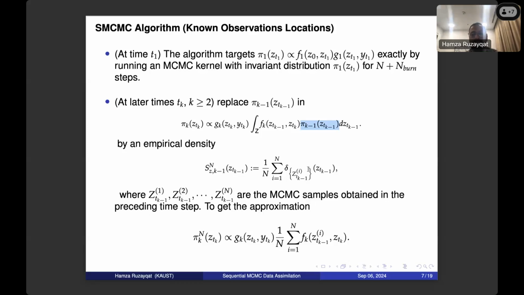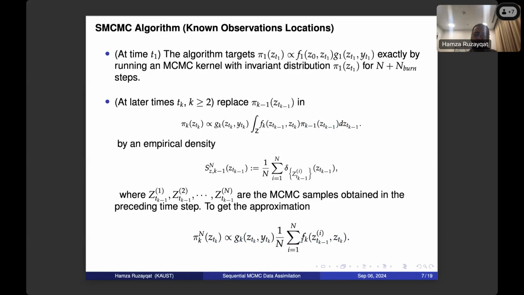And when you put this here, then this integral collapses to a sum, and then you have this formula.